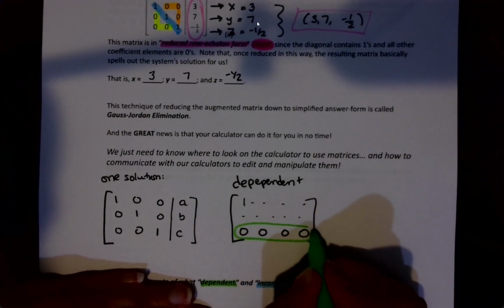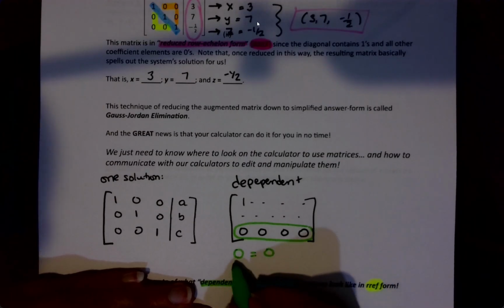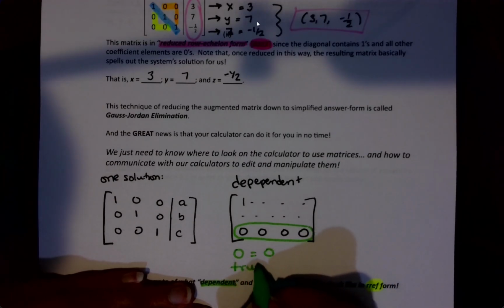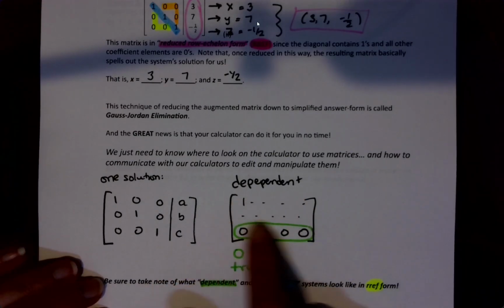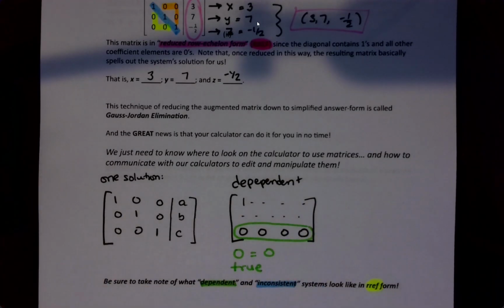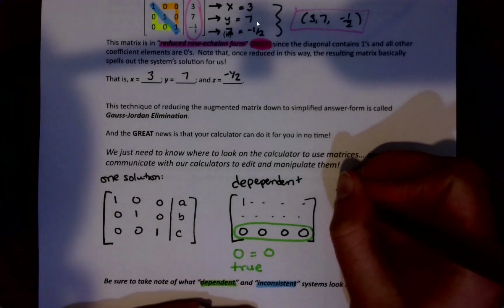And so this is giving us a 0 equals 0 statement where it's entirely true and you have multiple solutions. Whether those multiple solutions are all points on a line or all points on a plane is going to depend on what happened up here. If 1 row eliminates, then you'll be able to write your system as a line. And if both rows eliminate, it'll be as a plane.